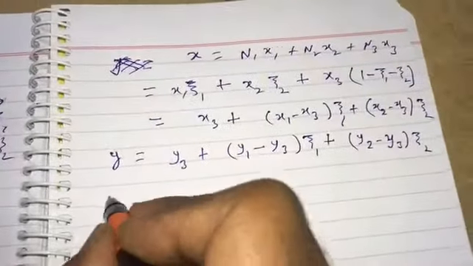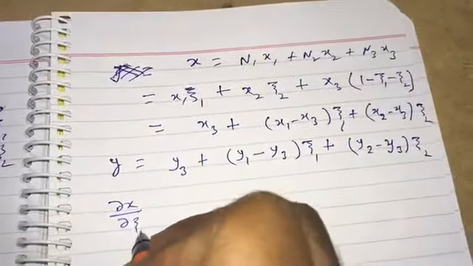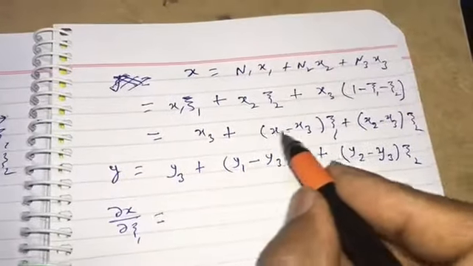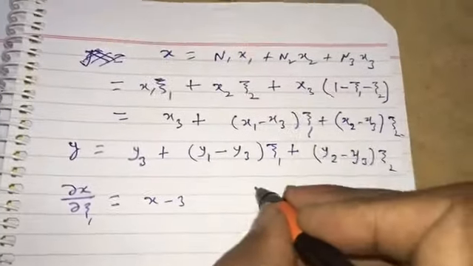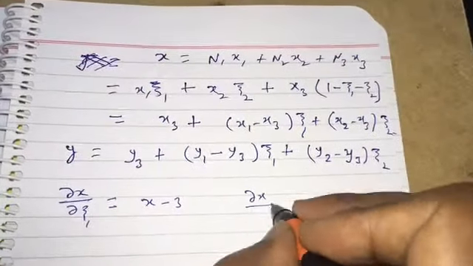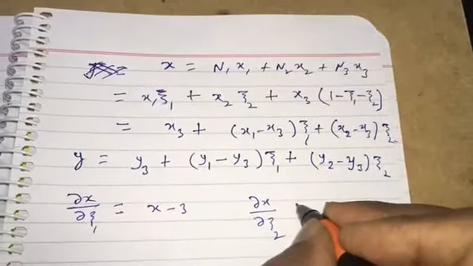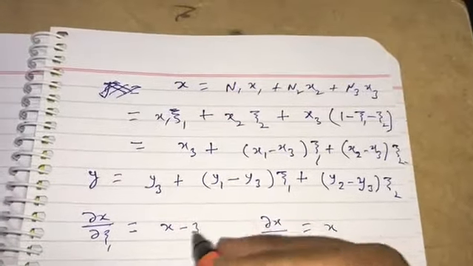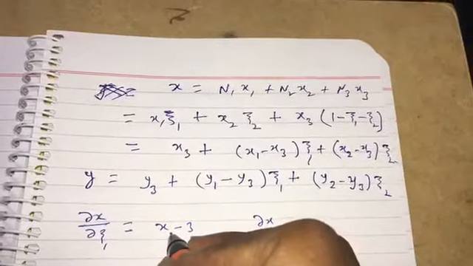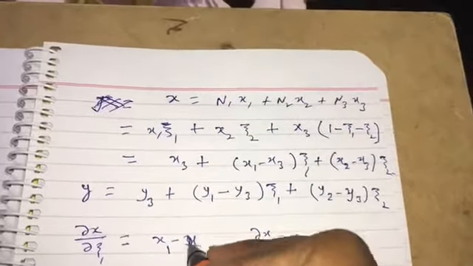Hence del x over del xi1 we get x1 minus x3.